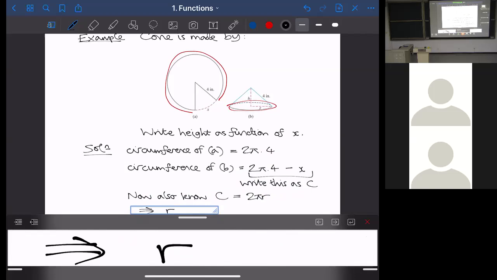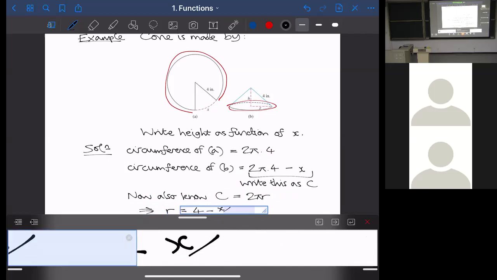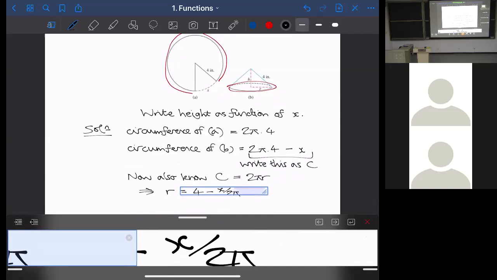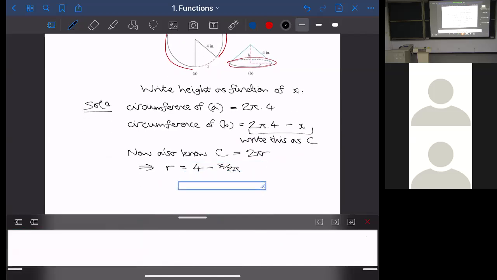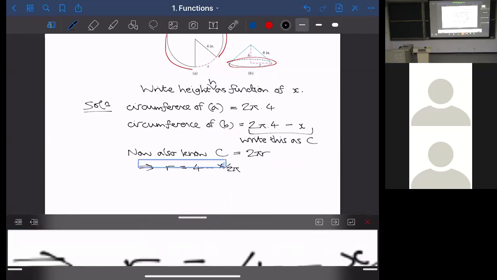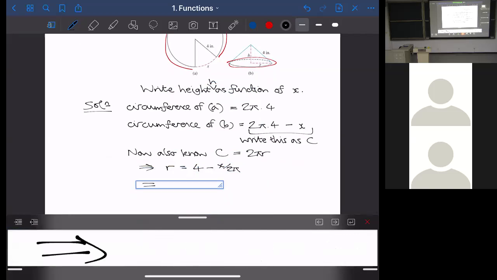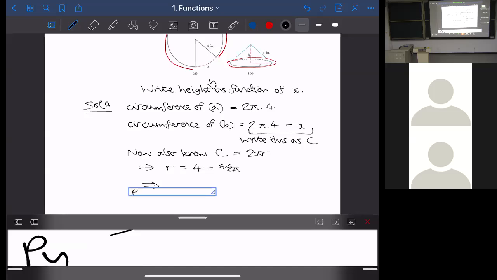And rearranging this, we see that r is (4 minus x) over 2 pi. Now, we wanted to calculate the height h. So we can do that now with Pythagoras' theorem.